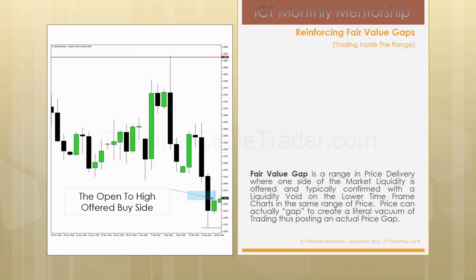So we have seen price offered on the up movement or buy side liquidity on two candles, one to the left of our fair value gap creating down candle on the daily chart, and one candle to the right of it where we saw price move higher in portion of that down candle. So we have a range left that's open, and it specifically is this area right in here.